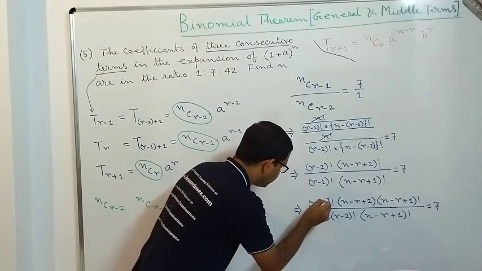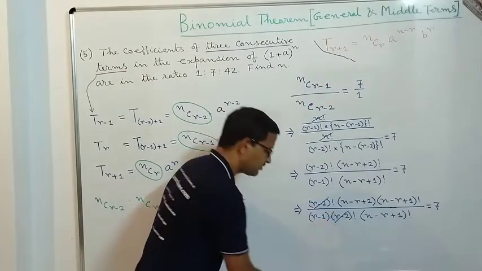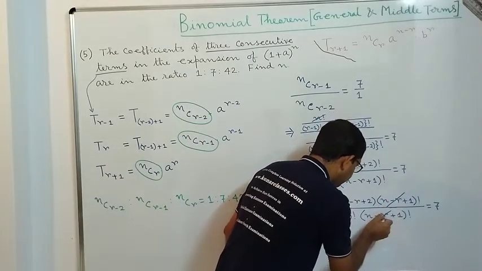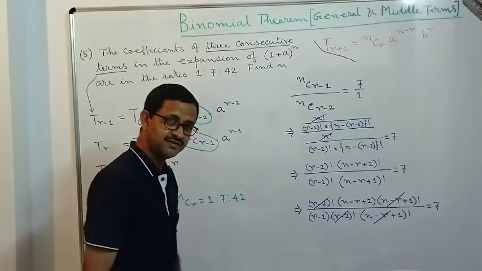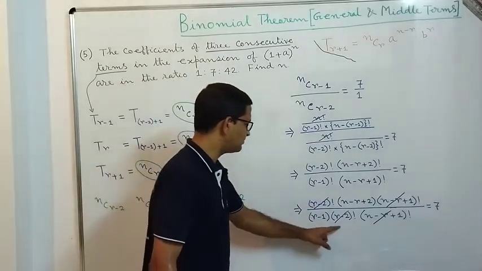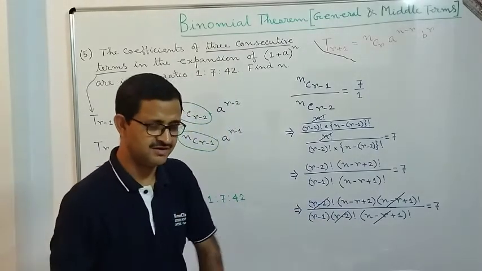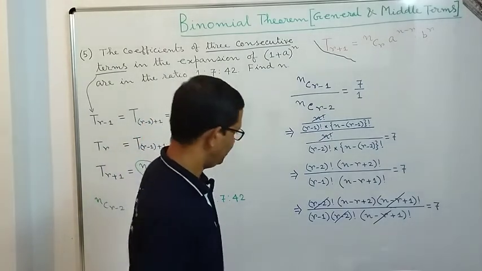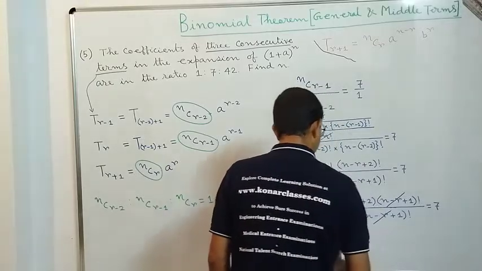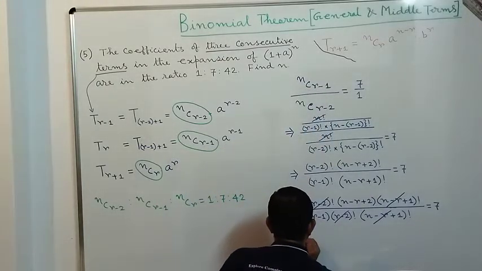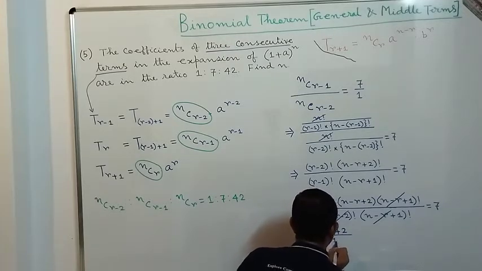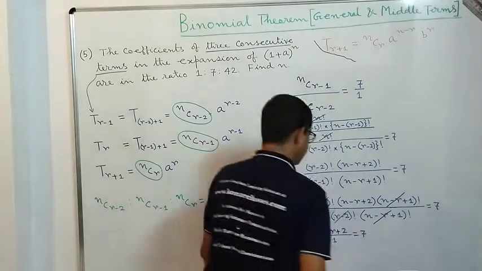Now dear students, r minus 2 factorial and r minus 2 factorial got cancelled. n minus r plus 1 factorial and n minus r plus 1 factorial got cancelled. Correct? Because all these terms are not equal to 0, hence we are able to cancel. Because it is not possible to have any integer whose factorial is 0. So from here we get that n minus r plus 2 divided by r minus 1 is equal to 7. Correct?